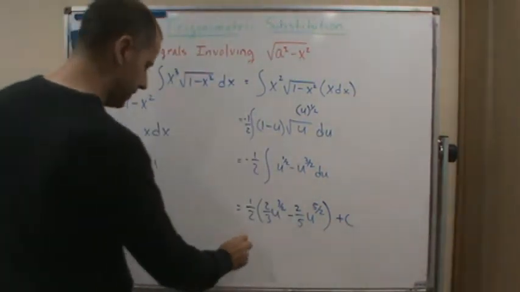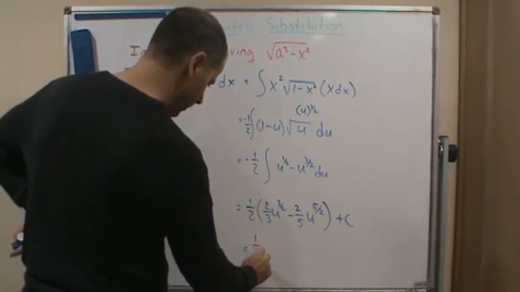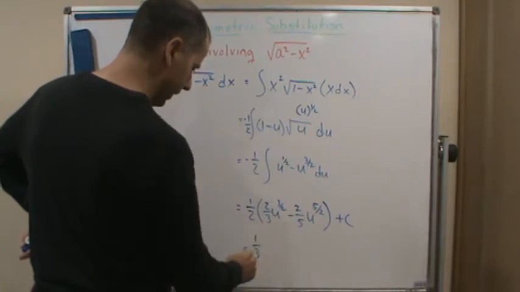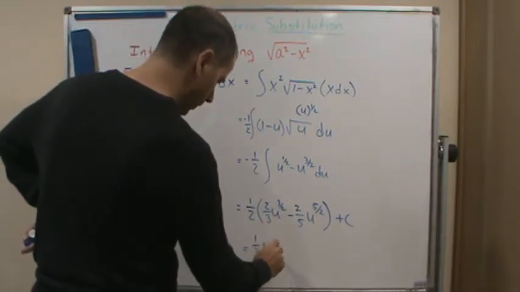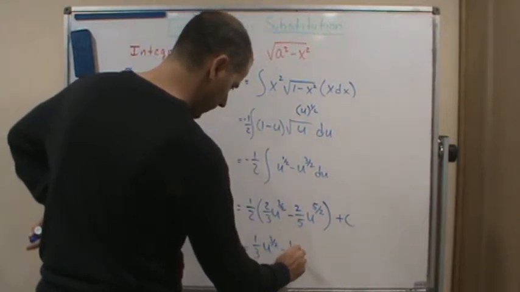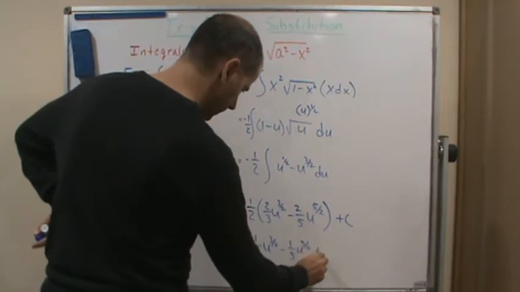And now what happens? This becomes 1/3, right? I'm going to distribute the 1/2 now. This becomes 1/3 u to the 3/2 minus 1/5 u to the 5/2 plus c.